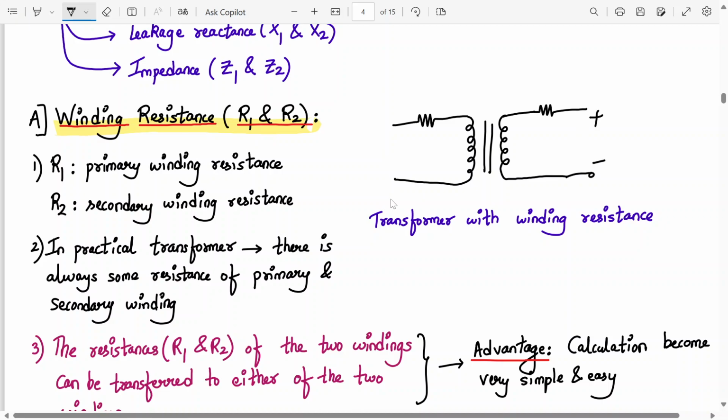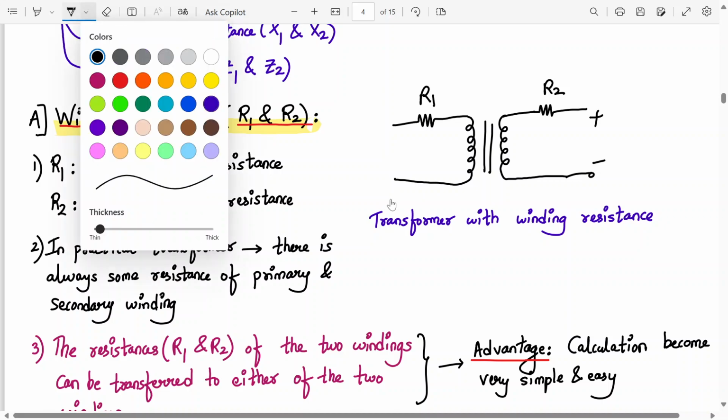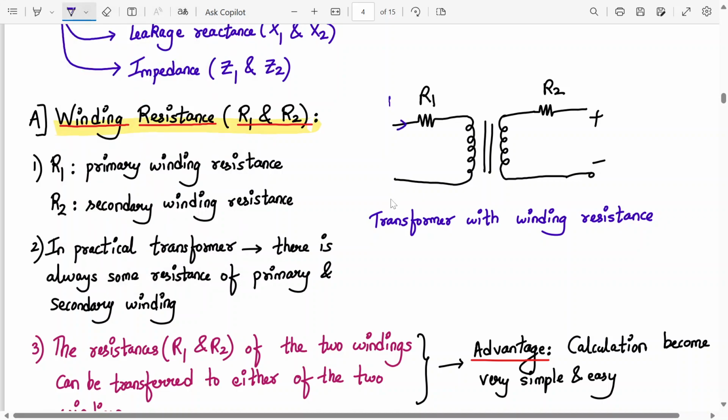This is plus minus, this is R2, R1. The current flowing in the primary coil is I1. This voltage is V1. This is self-induced EMF, mutually induced EMF, and V2. So this is the diagram for a transformer with winding resistance. Please draw it. We are highlighting the winding resistance.